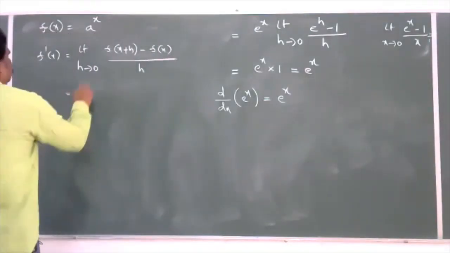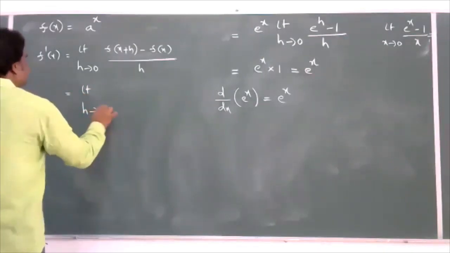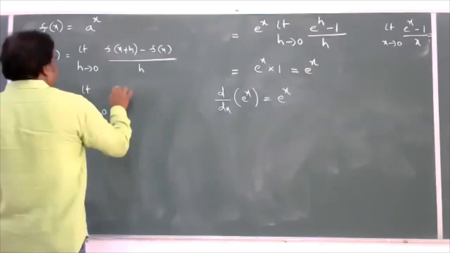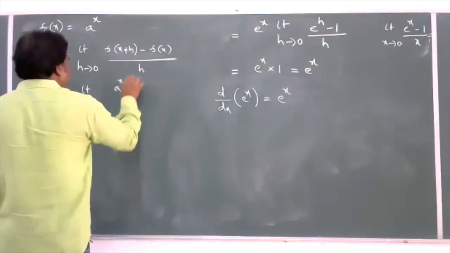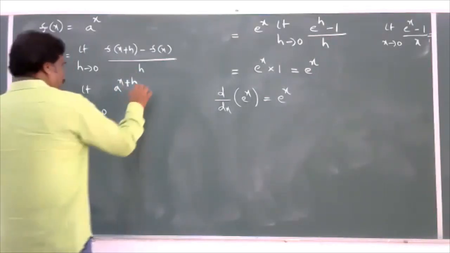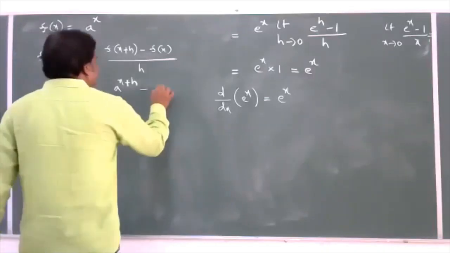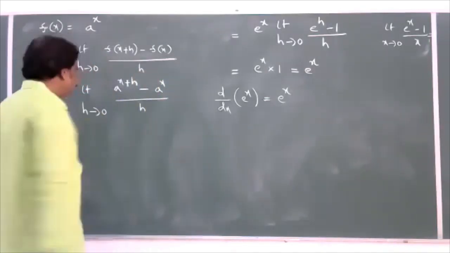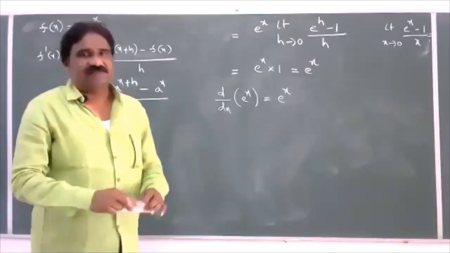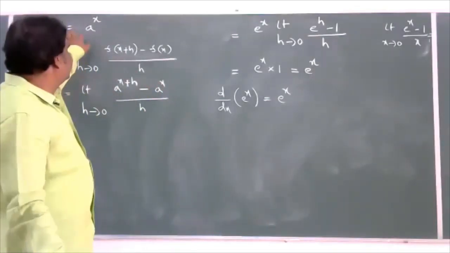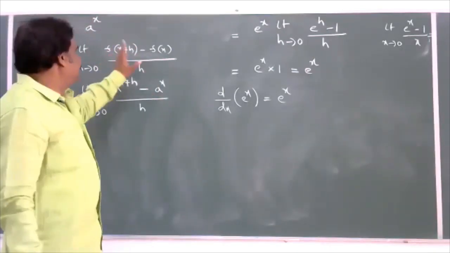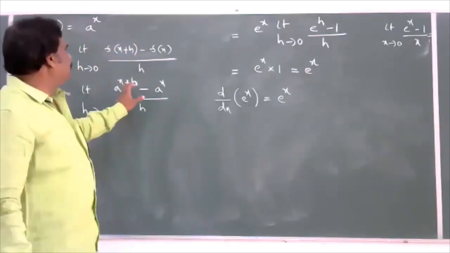That is equal to limit h tends to 0, f of x plus h, that is a power x plus h, minus f of x is a power x by h. Here given f of x is a power x. That's why f of x plus h is a power x plus h.